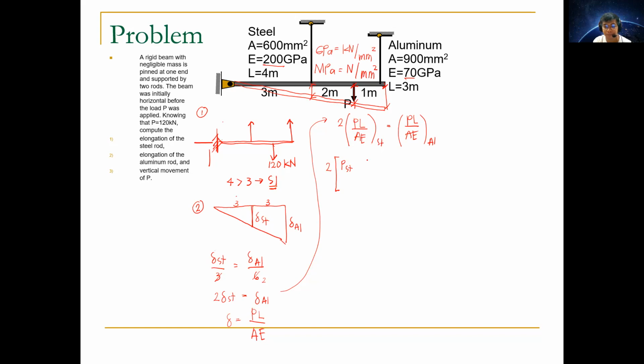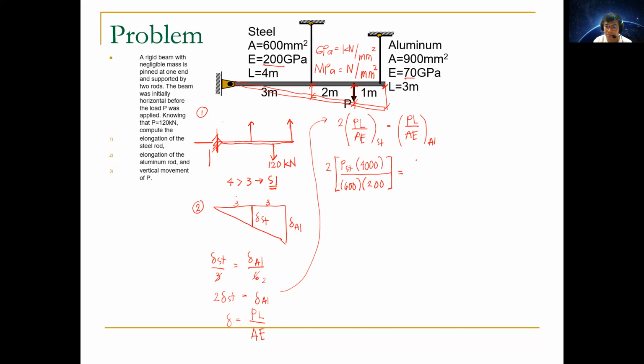Shortcut. So again, PST times the length. In terms of millimeters, this one is now 4,000 millimeters divided by the area, which is 600 millimeters squared. Again, I want my answer to be in kilonewtons, so that's why I'm going to put 200 GPa, gigapascal.